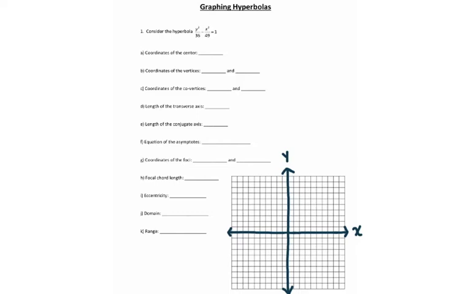It's the variable that comes first in the equation. So in this equation, the y squared comes first. So when that happens, we're dealing with a vertical hyperbola, which means that the wings or the branches are going to be opening up and down. So you're going to eventually have something that looks like this.